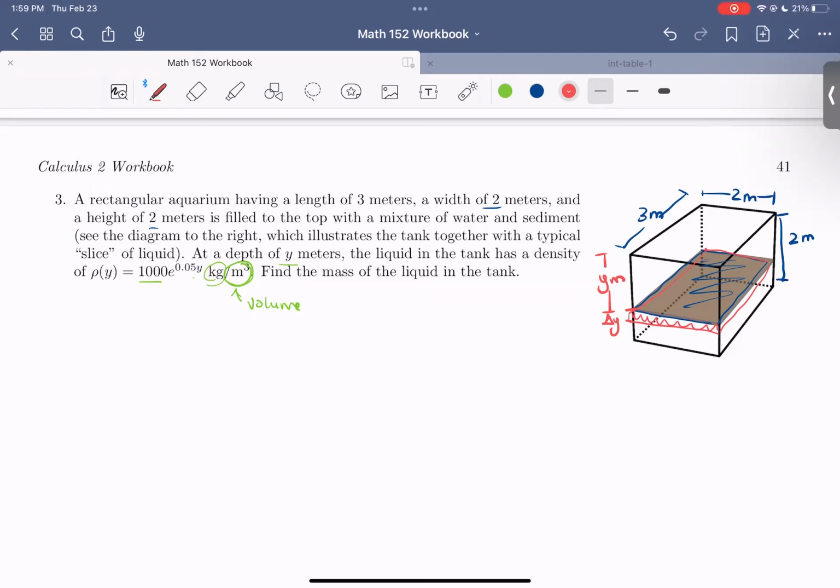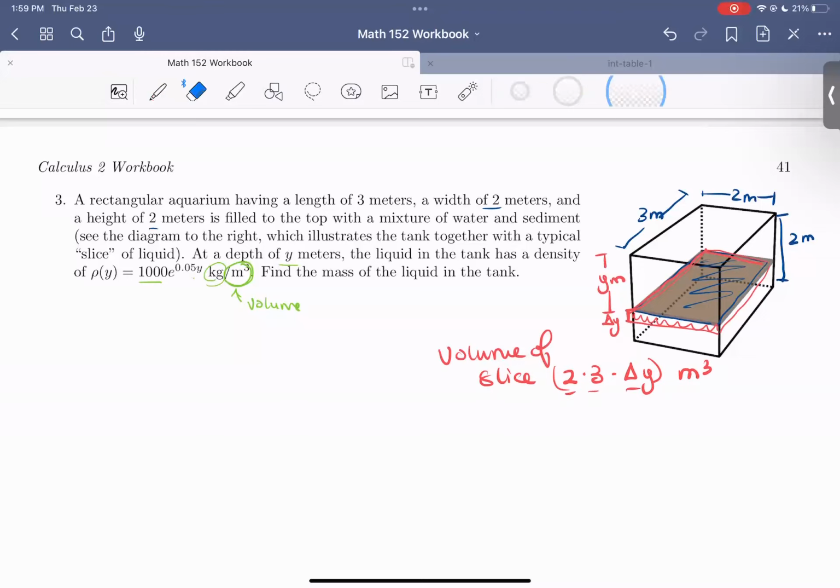So the volume is going to be height times length times width. So the volume of a slice is going to be 2 by 3 by delta y. And that's going to be meters cubed. Each of these dimensions is measured in meters.